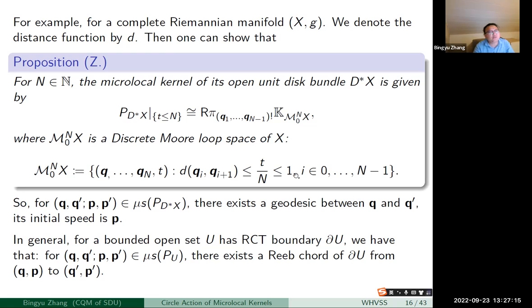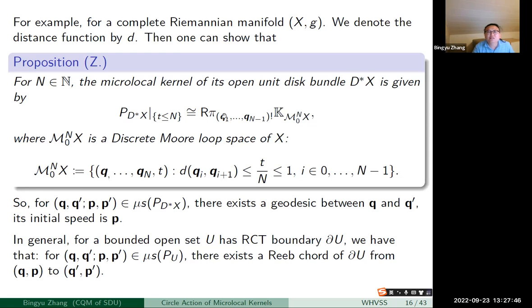And if we take a good Riemannian metric, we restrict the Riemannian metric to make sure the injectivity radius is big enough, and then we can connect them to get a piecewise geodesic from Q0 to Qn.